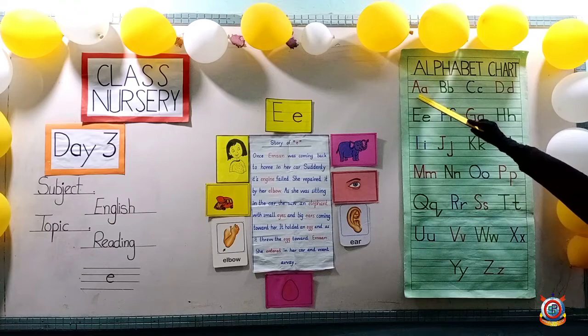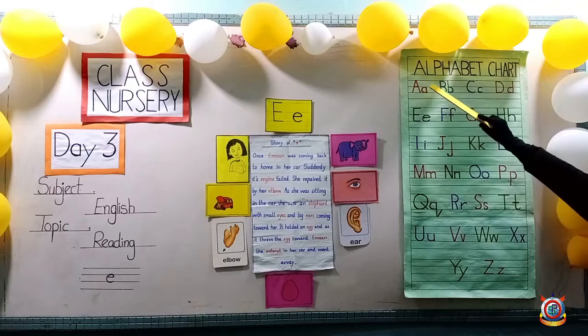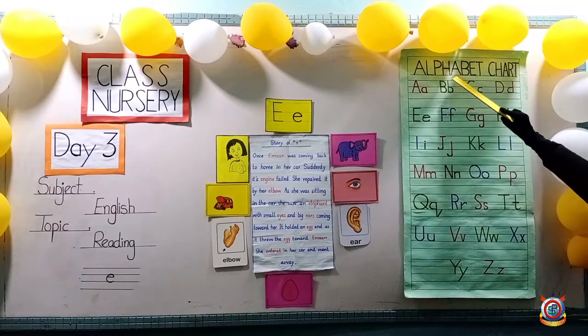Here, this is A. What is this? A. This is A. Say with me: this is A and the sound A. Name A, sound A. What is this?